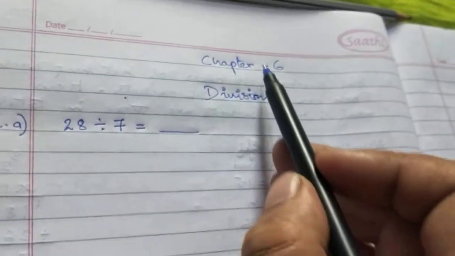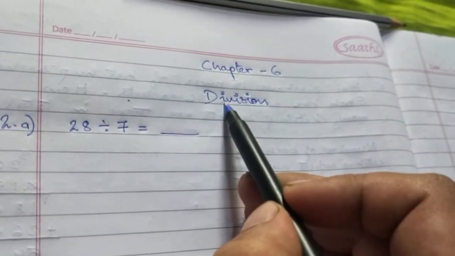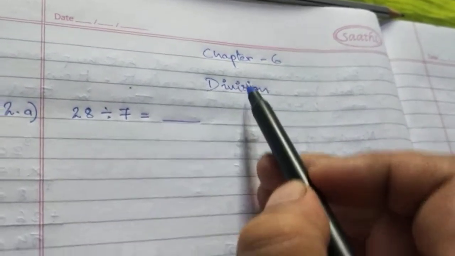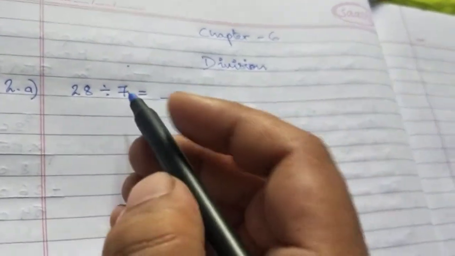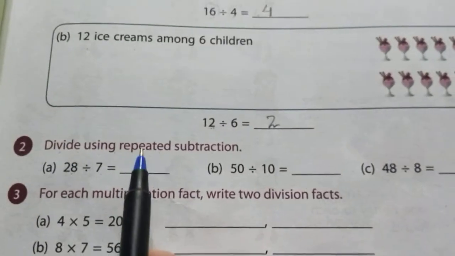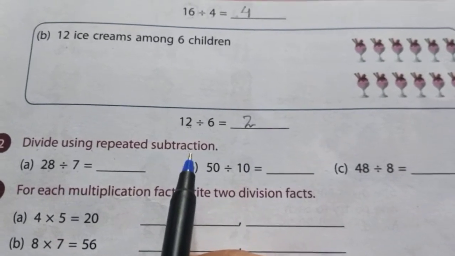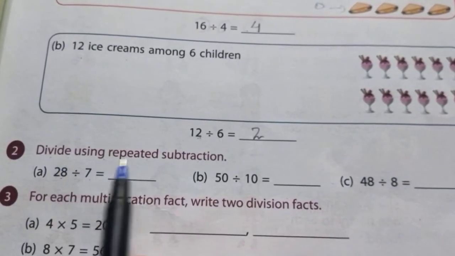Whenever you start a new chapter, you write chapter number 6 and the title of the chapter, and you start doing your work, whichever work is to be done in your copies. The question over here is divide using repeated subtraction. You have to even write this question.